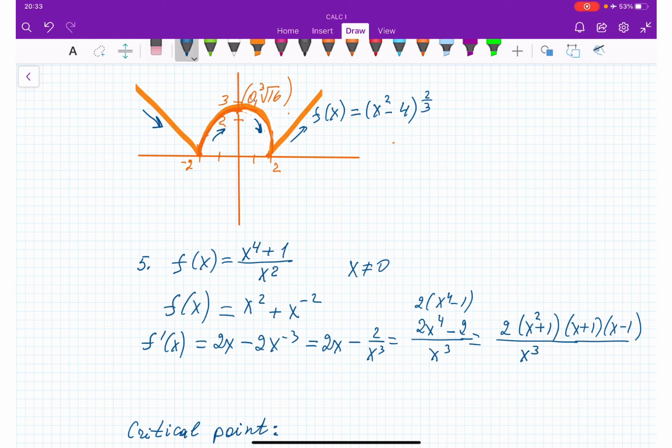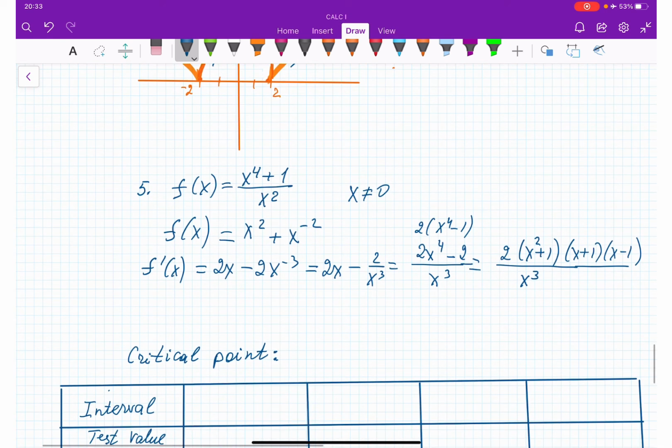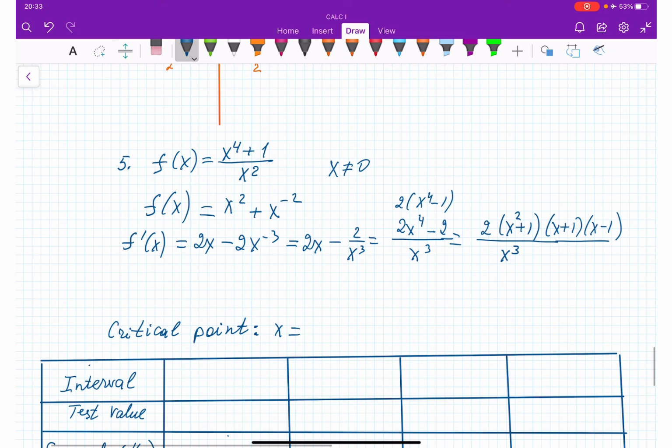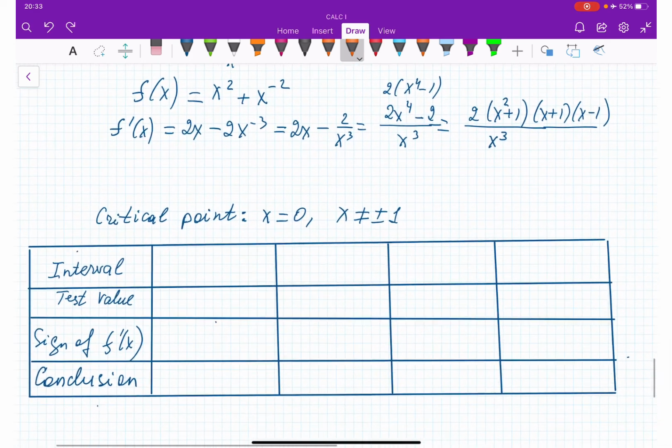Okay, so critical points. What is going to be our critical point? First one is x equals 0, and second one, x cannot be equal to plus or minus 1, right? If we take it equal to 0, it cannot be equal to plus or minus 1. All right, so let's go over the intervals.